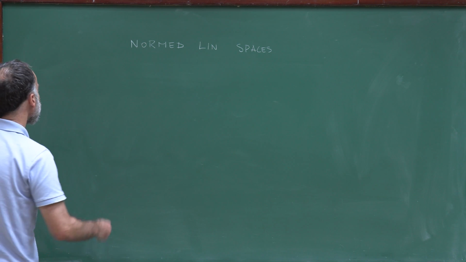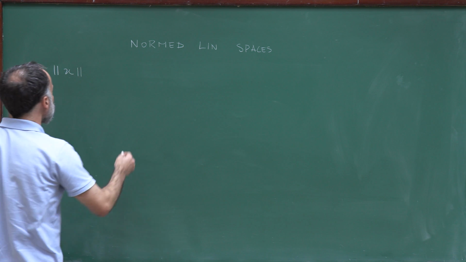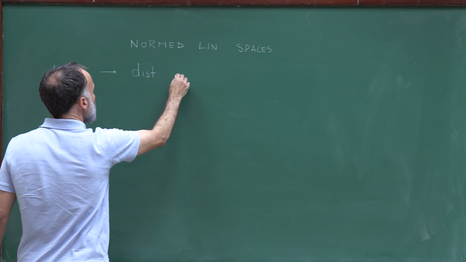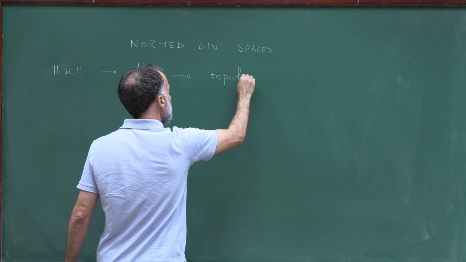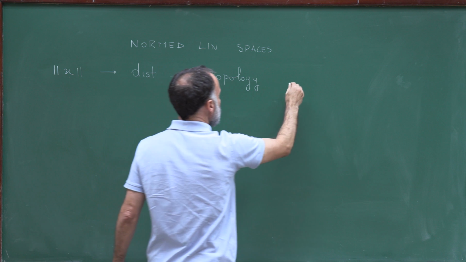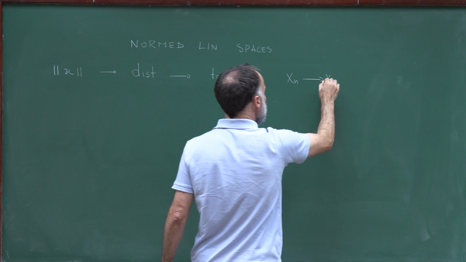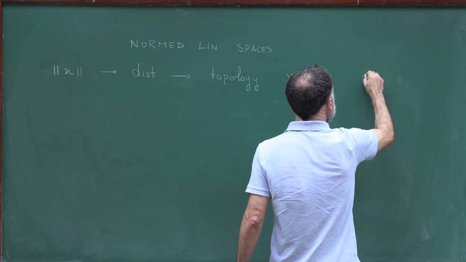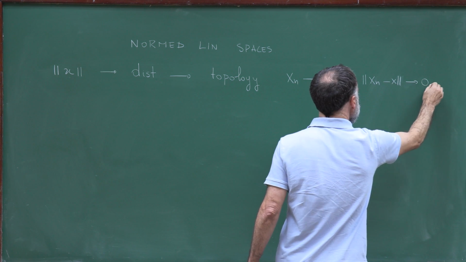So once we have a norm in our linear space, this defines a distance. And once you have a distance, you have a topology, which means that you can define converging sequences, saying that xn, a sequence in X, will converge to a point x if and only if the norm of xn minus x converges to 0.